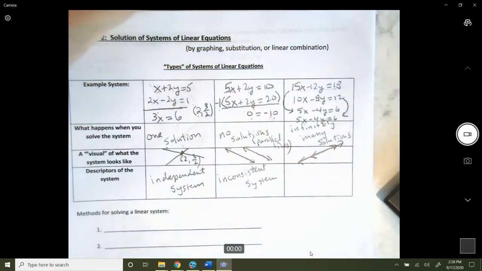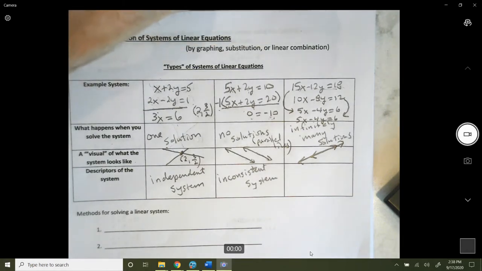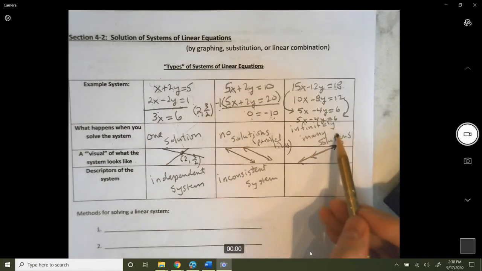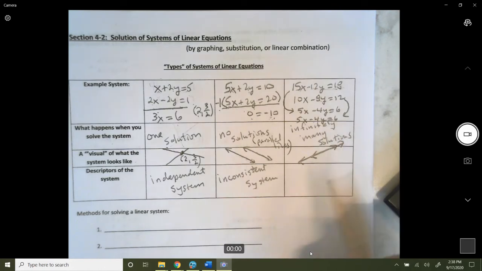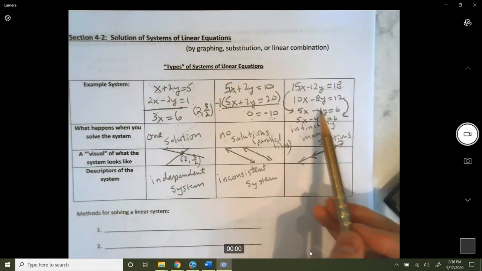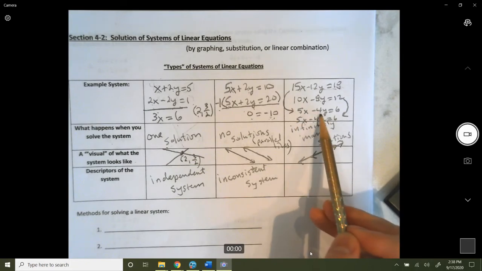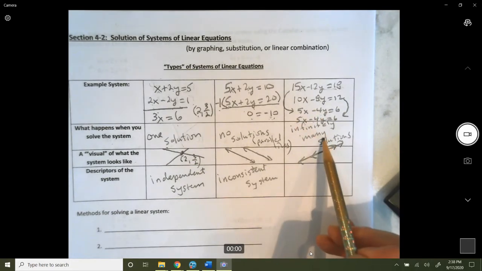So sometimes you've got one in standard form, one in point slope form, or maybe you've got one in slope intercept form, one in standard form, and you can't tell that they're the same line. So you solve the system. And when you solve the system, you're going to get a statement that's always true. You're going to get something like 10 equals 10 or 5 equals 5. So basically all your x's and all your y's get eliminated and you're left with a statement that's true.